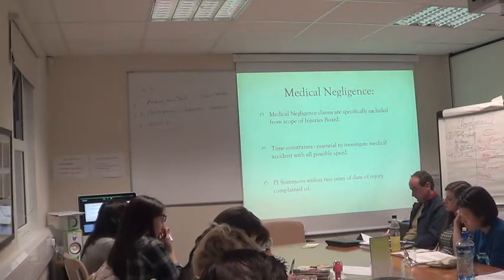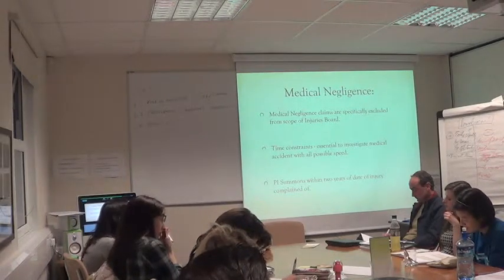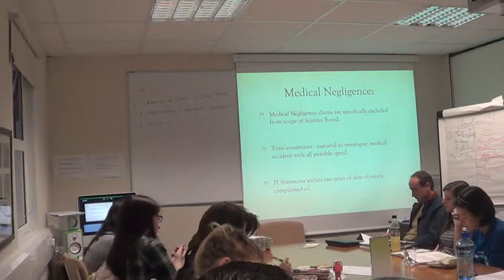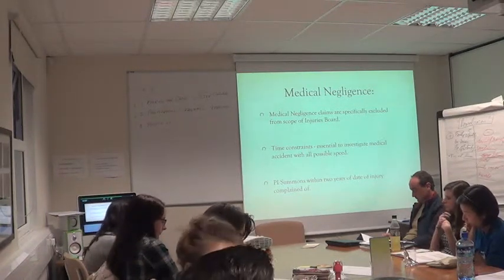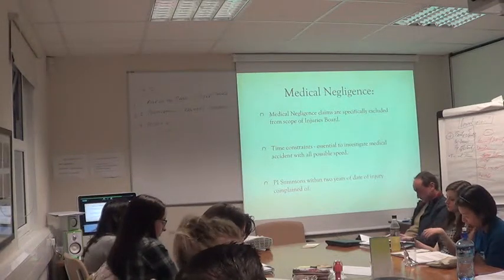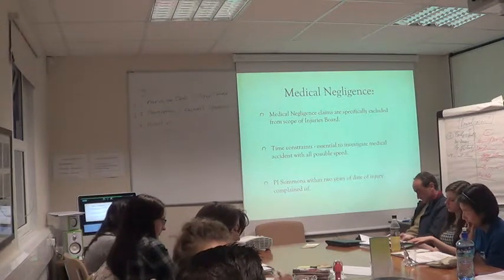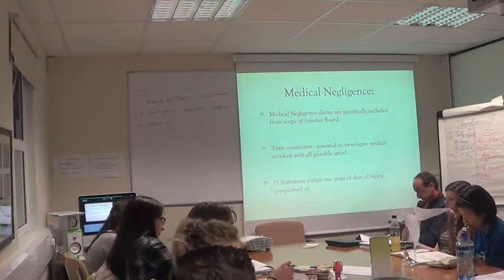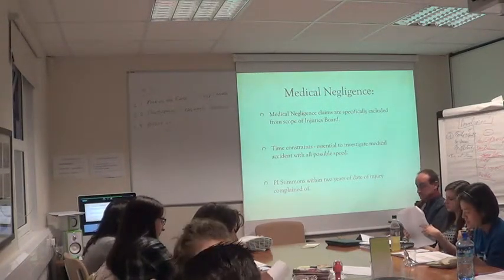Something else to be aware of is the time restraints. As I've emphasised, it's important to investigate these quite quickly. 2 years isn't going to be a long time, in terms of, you have a lot of medical evidence to gather, you have a lot of details to gather and put together.